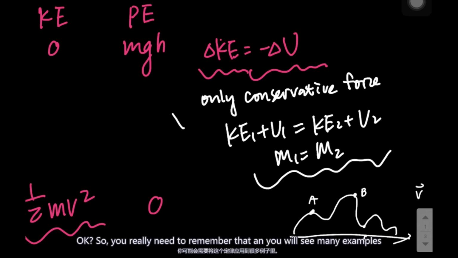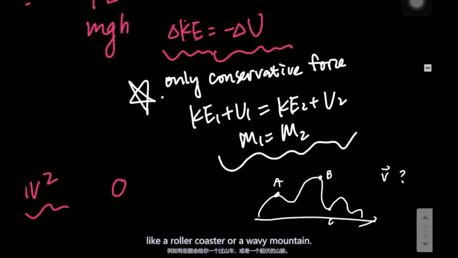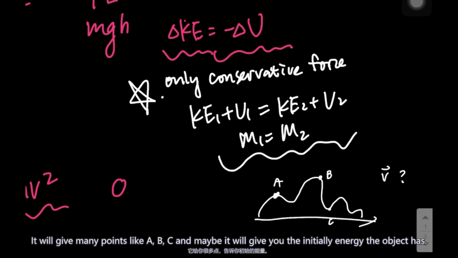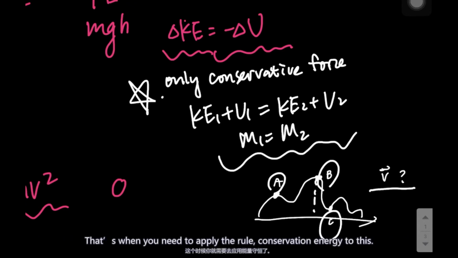Okay, so you really need to remember that, and you will see many examples like this. For example, a roller coaster or a wavy mountain, and it will give you many points like A, B, C, and it will give you maybe an initial energy, and it will ask at specific points, like what is the velocity at that point, and that's when you need to apply that rule, conservation of energy, to this.